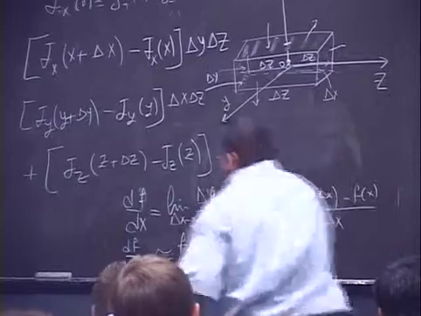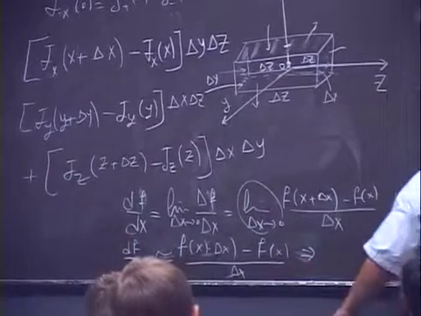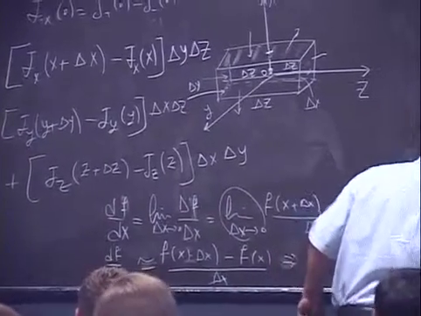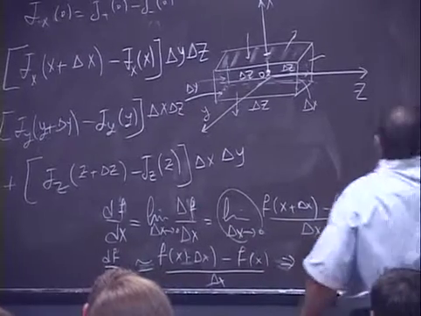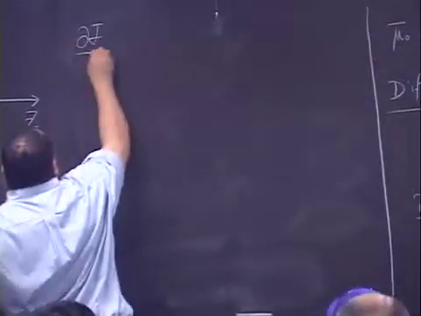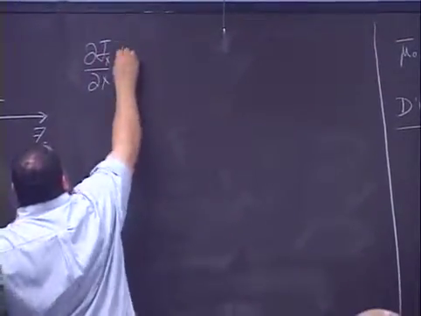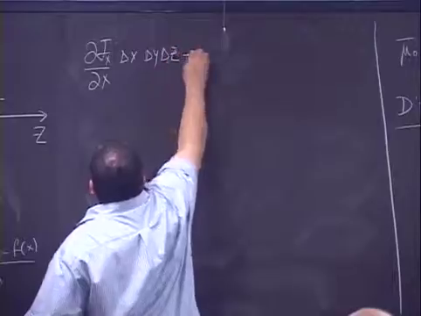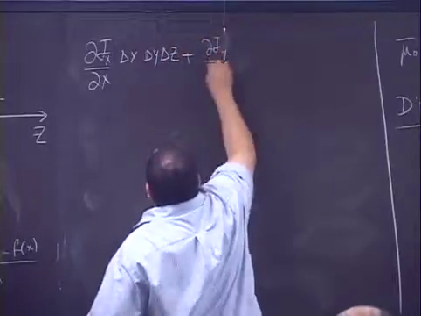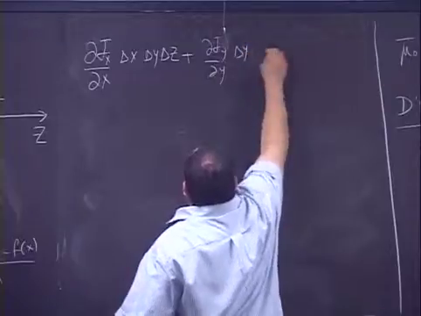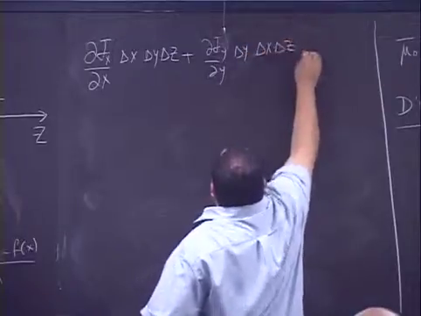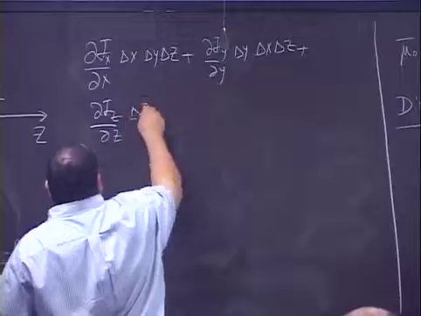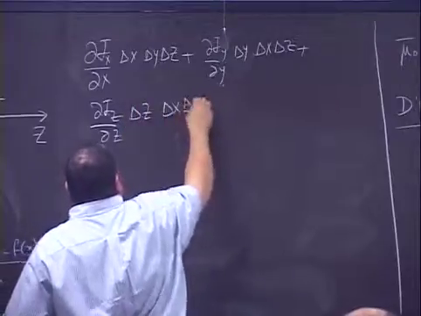So we can replace this by dJx by dx multiplied by delta x, but outside we have delta y and delta z, plus dJy by dy, again multiplied by delta y, but outside we have delta x, delta z, plus dJz by dz multiplied by delta z, and we have delta x and delta y from the area. So what's this?